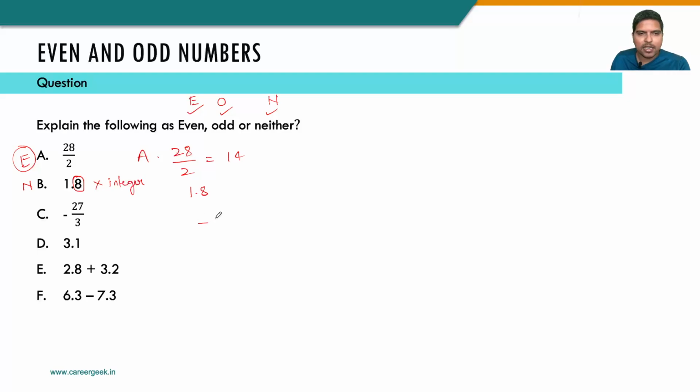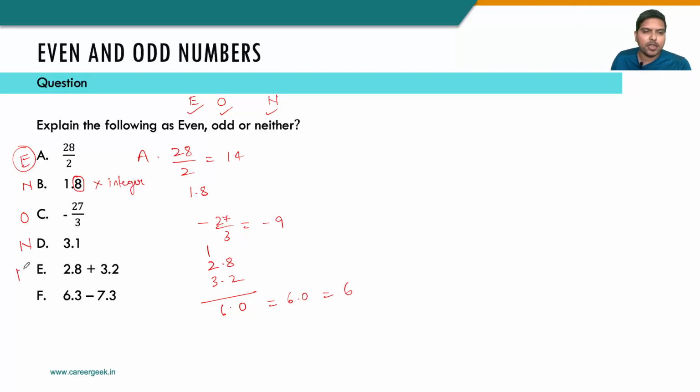Okay, C is negative 27 upon 3. This is negative 9. So 9 is odd, positive or negative doesn't matter. So C is odd. D, we have seen that this is neither. A decimal number is always neither. Okay, 2.8 and 3.2, if I add, I get 10, 1 carries, so I get 6, 6.0, which is 6, right?